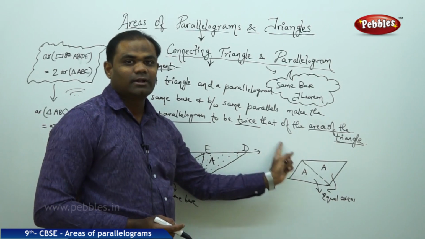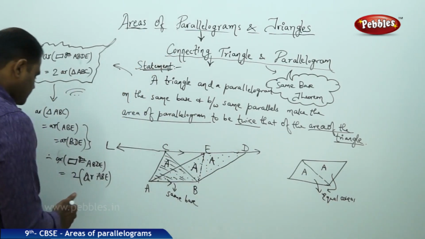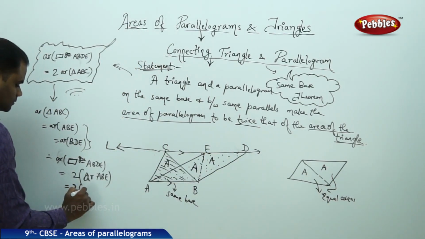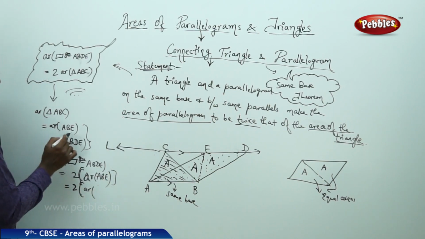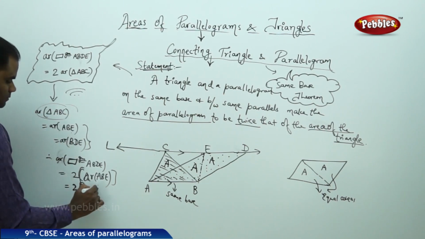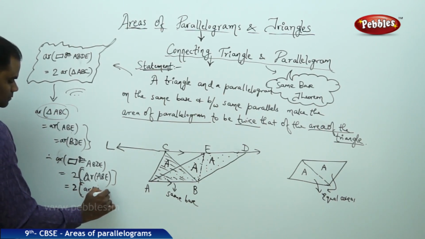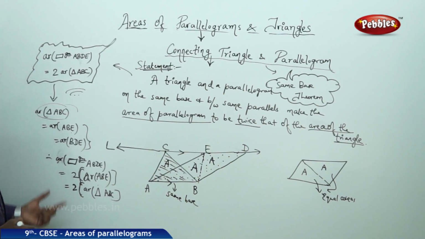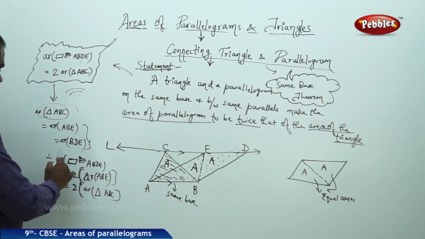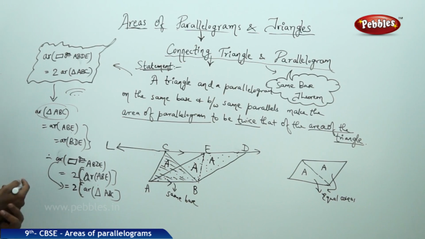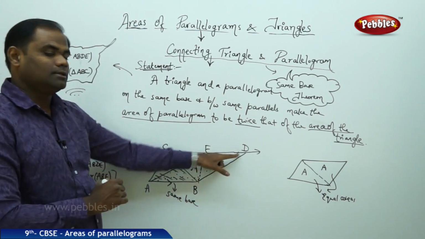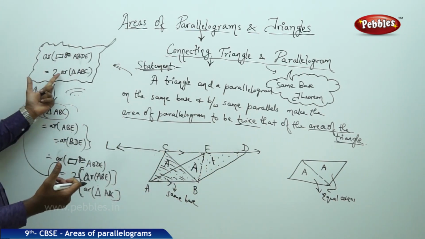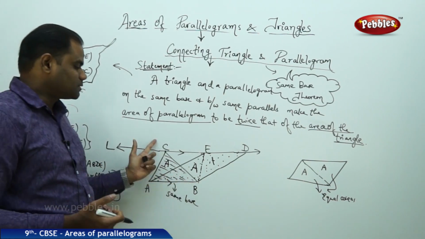These two areas divided by the diagonal are equal, which is nothing but 2 times area of ABE, which is equal to ABC. Therefore, area of parallelogram ABDE is equal to twice area of triangle ABC. That is, area of parallelogram ABDE is double or twice of area of triangle ABC.